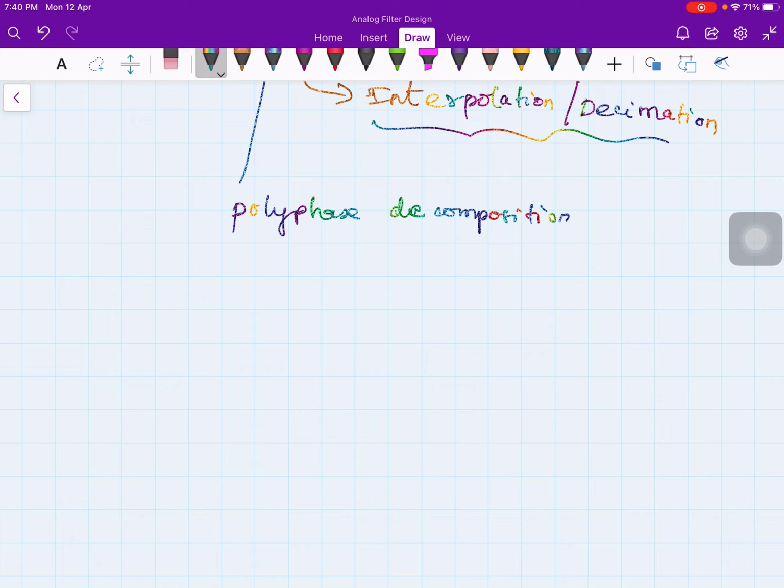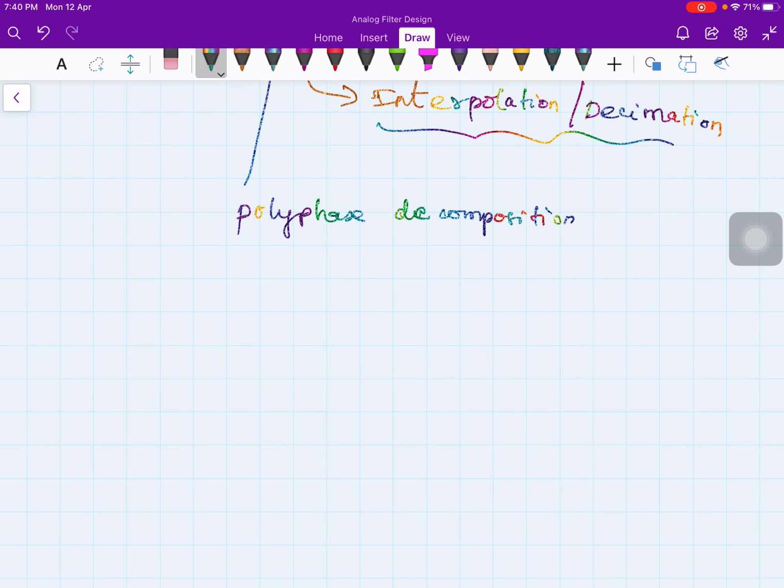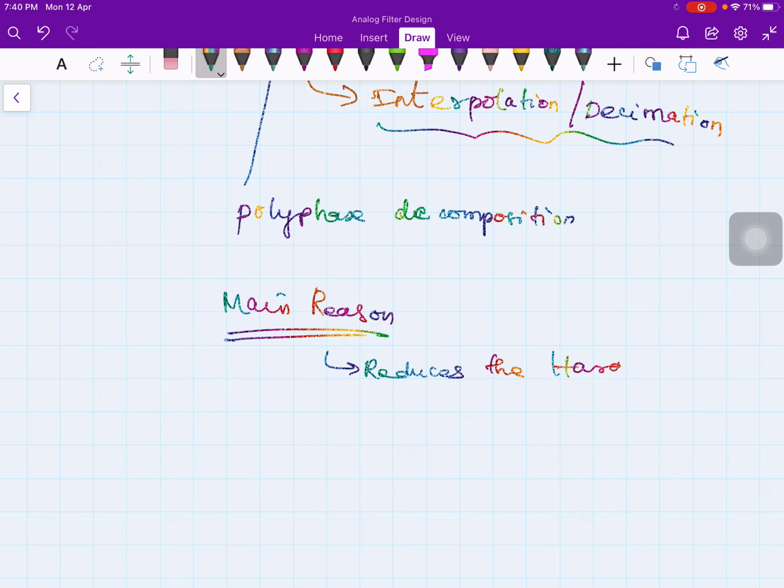Interpolation and decimation are resorted to for various reasons, but the main reason is that it reduces the hardware complexity of the structure.